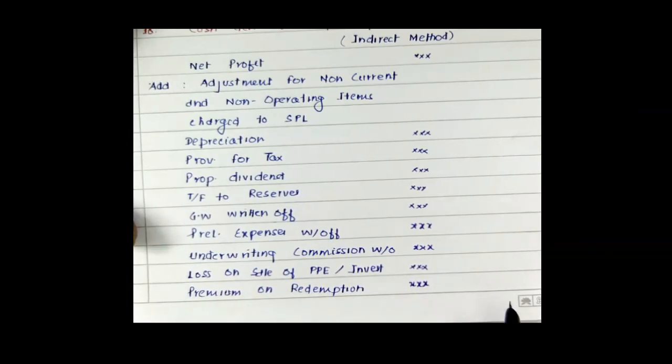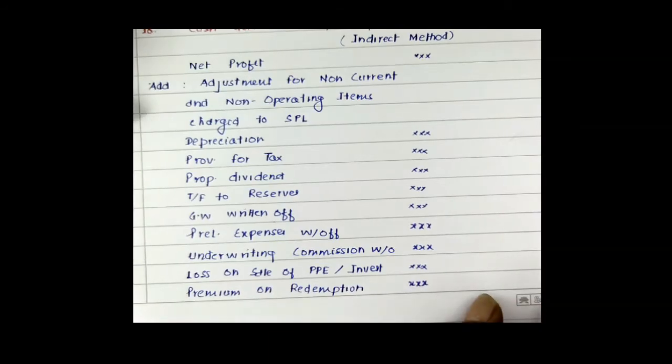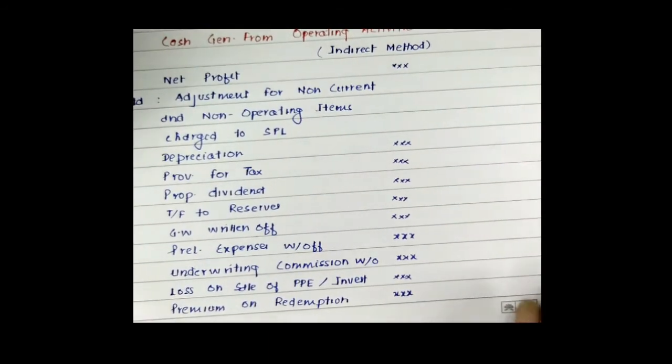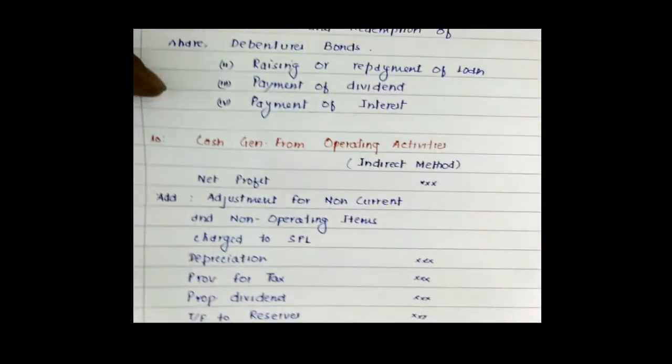Is it clear to you? You used to add some items and then you used to subtract some items. Which are the items which you used to subtract? I will give you the logic also of why we used to do that. But before that, let me write the things first.